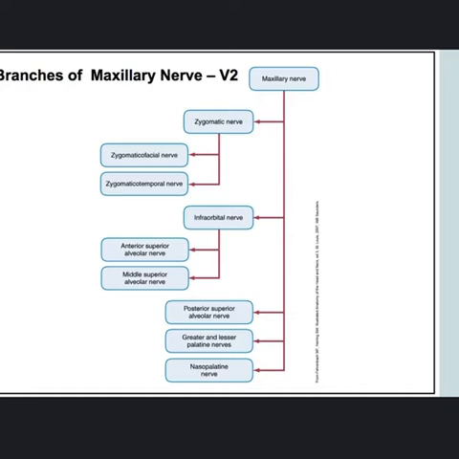The zygomatic nerve then branches into two branches, and these are very easy to remember because they both have the word zygomatic in them. And the infraorbital has the anterior and middle, and then it doesn't like the posteriors. The posterior is by itself, the greater and lesser is by themselves, and the nasopalatine is by themselves.